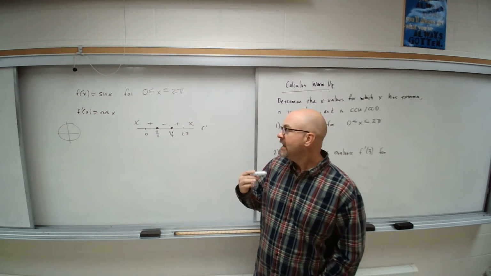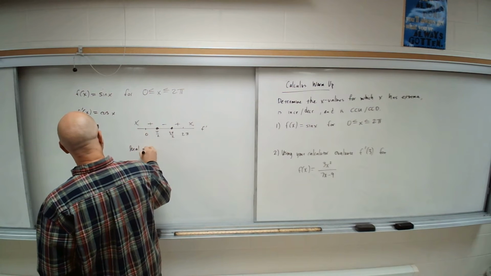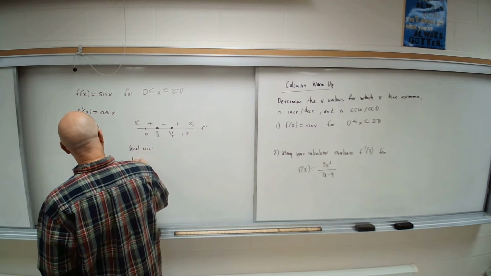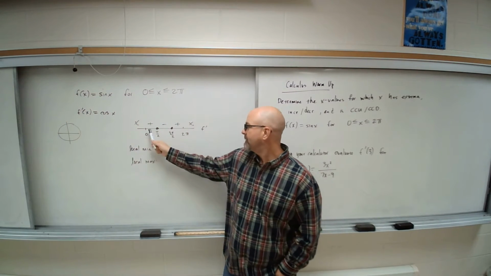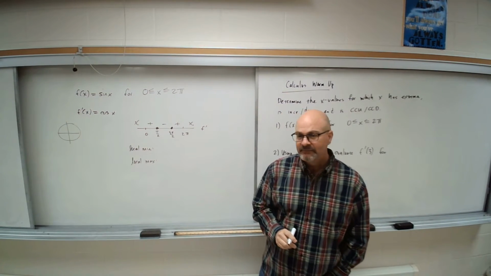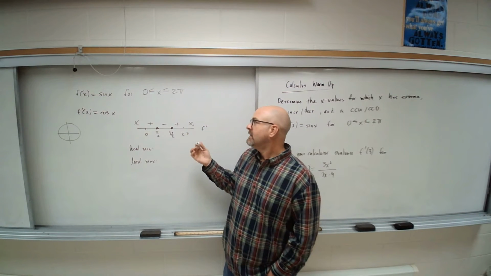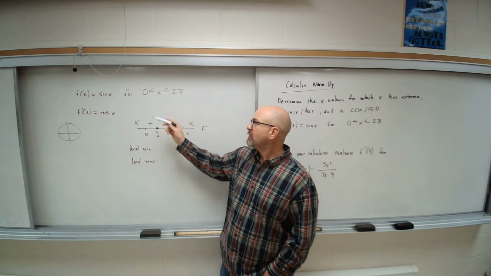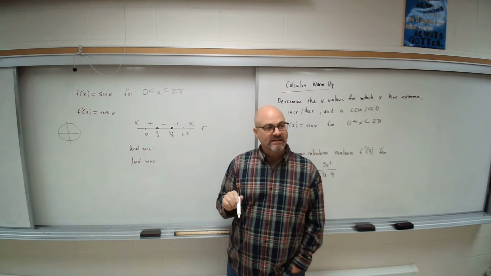Okay, so now, in terms of our extrema, we're talking about our local mins and local maxes. We want to consider all 4 of these points. So with this, if we're at whatever point is on the original function sine at 0, we know that to the right of that it's going to be increasing, correct?